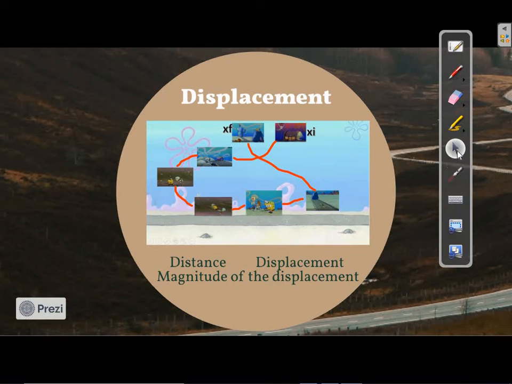That is the distance. What is the displacement? Well, the displacement is just the straight line that unites the initial position, that is Krusty Krab, with the final position, the customer's house. The displacement doesn't even care about all that you have traveled.